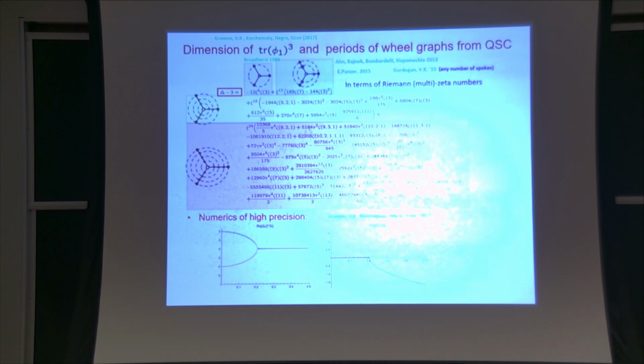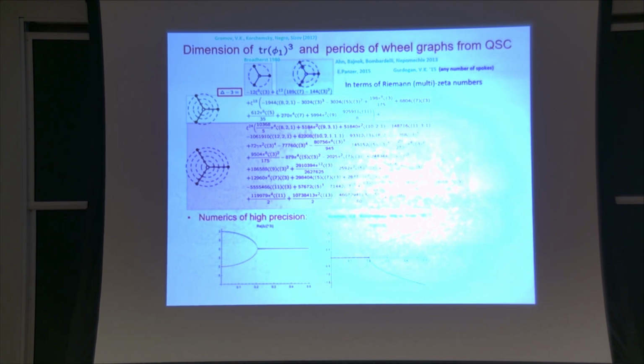Is this a set of graphs for which there's some nice coaction? I mean, like a la Panzer, they're all multi-zeta values. So is there an understood Hopf algebra structure associated with these graphs? That I'm not familiar with.